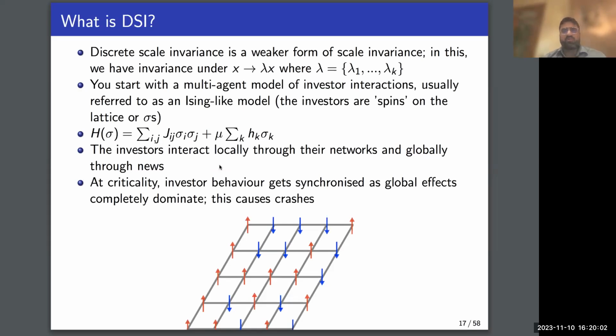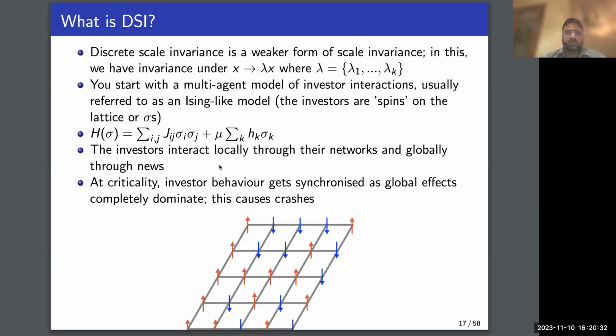Essentially, these are based on a kind of discrete scale invariance, which is the assumption behind these models. It's a weaker form of scale invariance where you have invariance under x goes to lambda x, where lambda can take on certain discrete values, right? And in this context, you start with a multi-agent model of investor interactions, which is kind of an Ising-like model. So investors can be thought of as spins sitting on a kind of lattice, right?